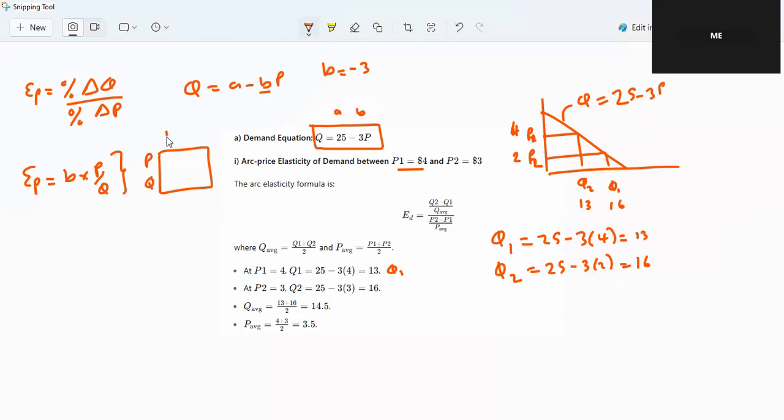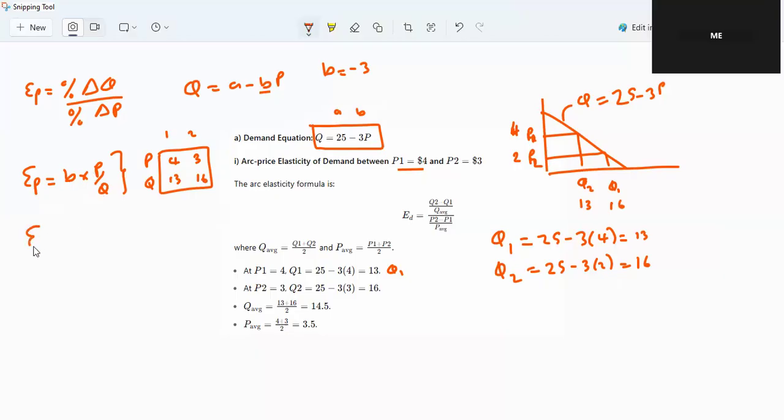So P1 was 4 kwacha, and for P1 we calculated the Q1 as 13. Our P2 was 2 kwacha, and we calculated Q2 and found 16. So the point elasticity of demand is simply B times price over quantity.